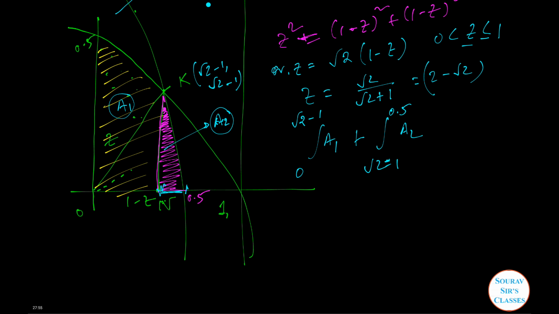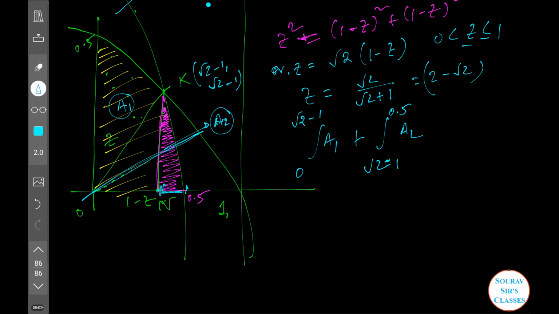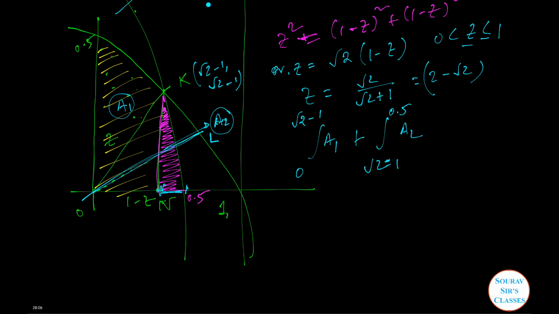Now we have to figure out the equation of this parabola. Let there be a straight line like this, and this point may be L. So this part will be 1 minus z.